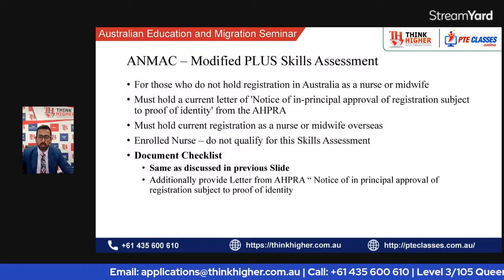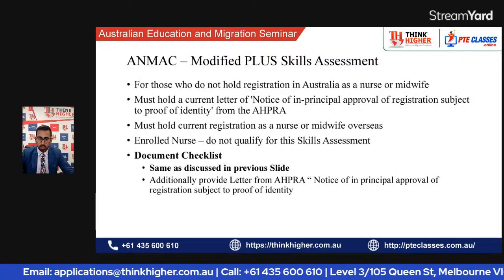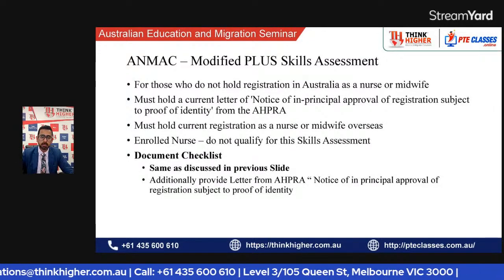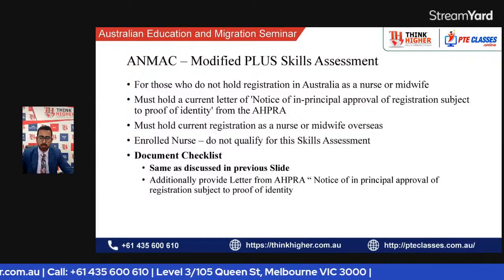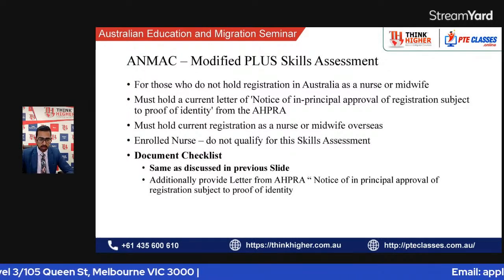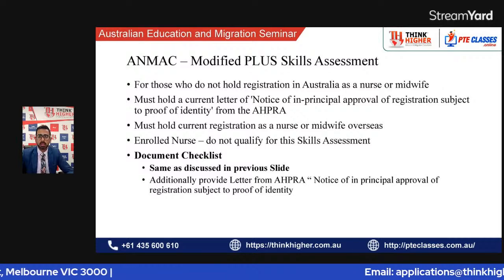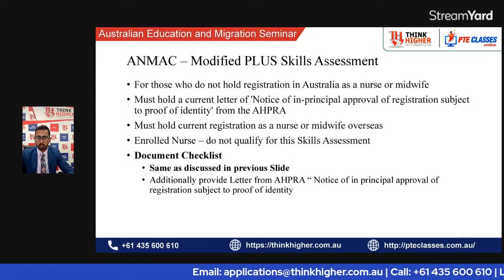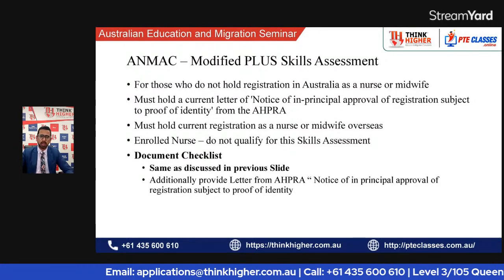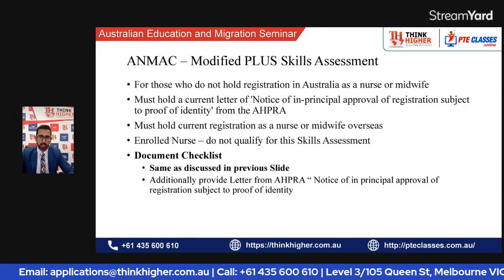You need a notice of in principle approval of registration from AHPRA. Generally, they have specific countries for which, if you have done nursing, they can issue you this letter. Once you have this one, you can apply for modified plus skill assessment. This is not for enrolled nurses. Let's take a quick break and we'll come back after the break. Thank you.